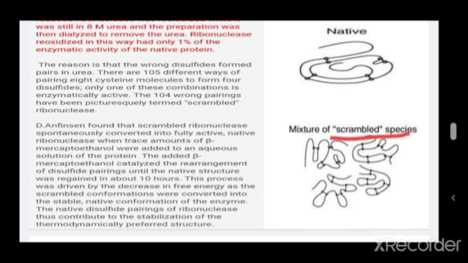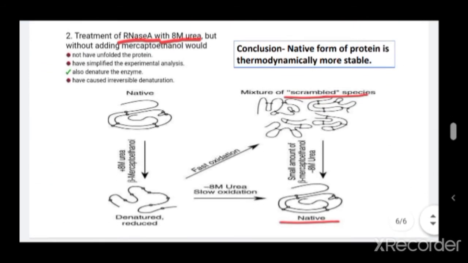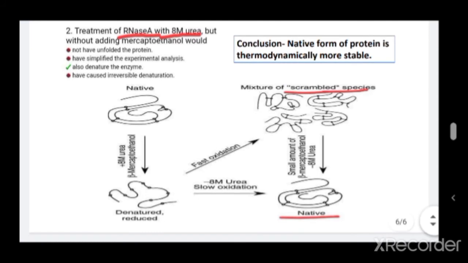So in this diagram, this is the native structure and this is the scrambled structure. When we remove the mercaptoethanol but there is urea, then randomly formed disulfide bonds will inactivate the RNase. So here the conclusion is the native form of protein is thermodynamically more stable. When we are adding both mercaptoethanol and urea, you can see the denatured protein.